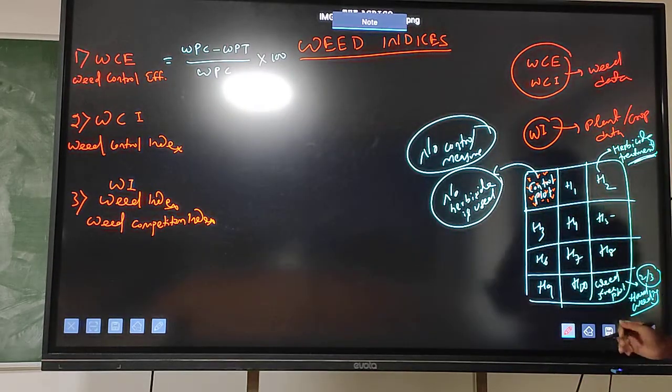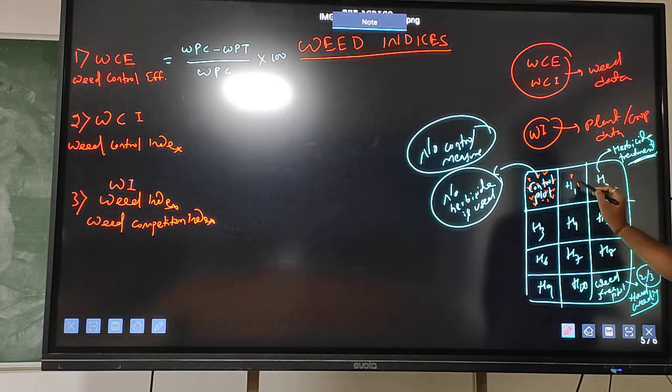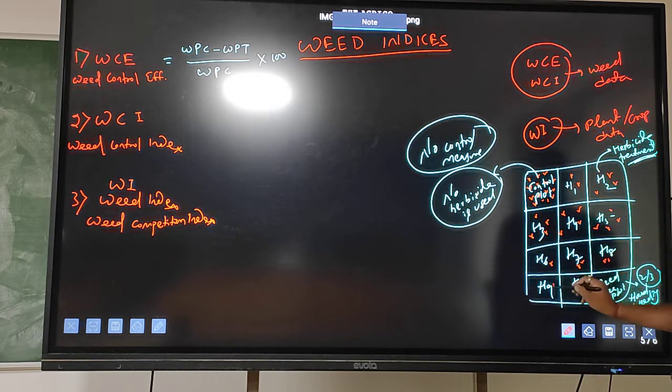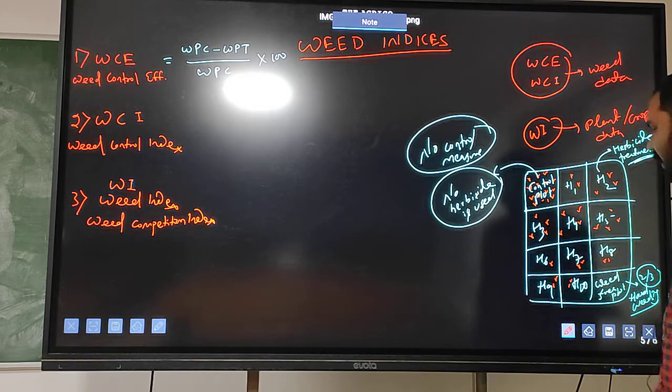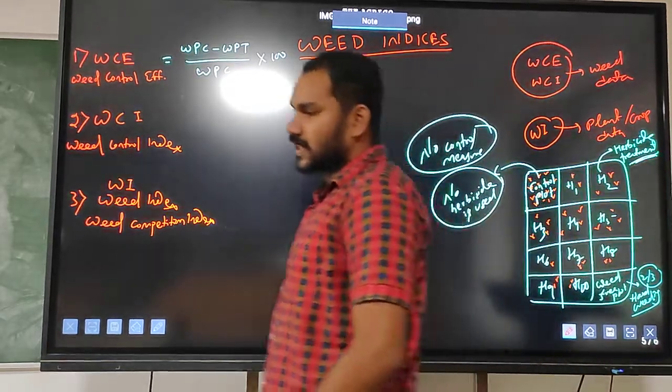And in the other treatments, a small number of weeds remain because they are different herbicide treatments. So some weeds may die and some weeds may remain in the field. Okay. So these are the three things.